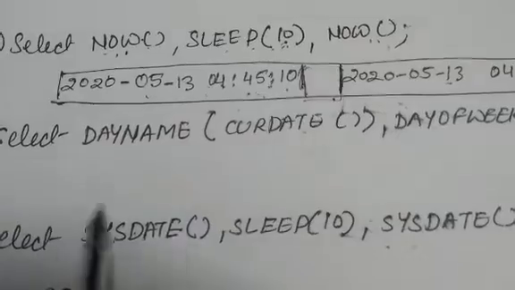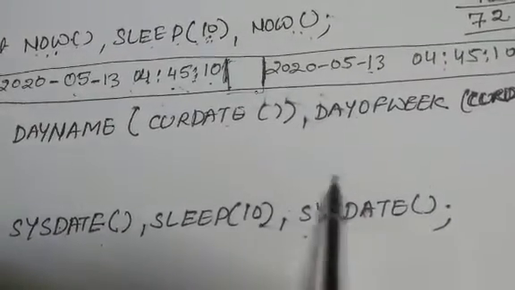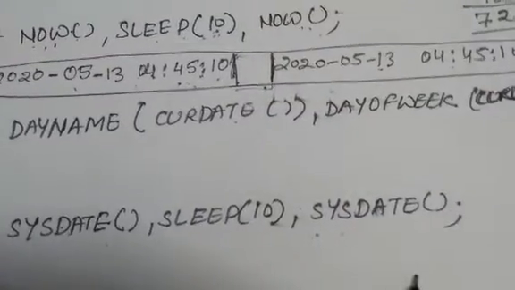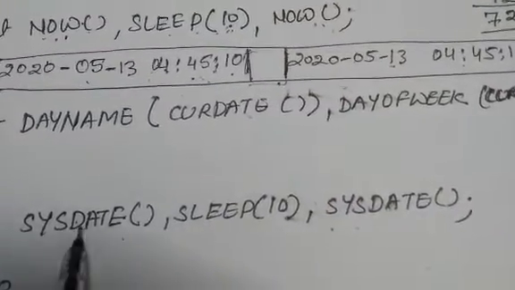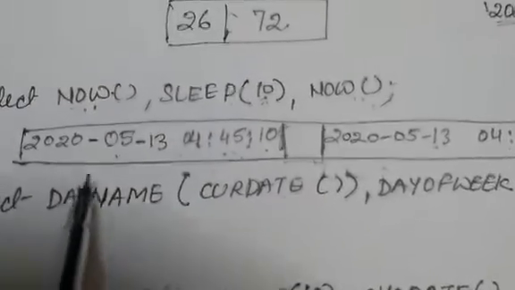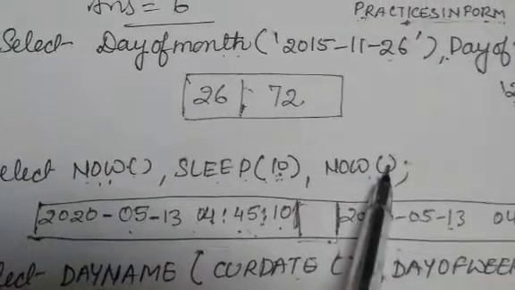So this function when it executes will display its date and time, and when this sysdate function will execute, it will display its system date and time. So these two sysdate may give different output, but the now, if they are being written in the same statement, they will give the same output.